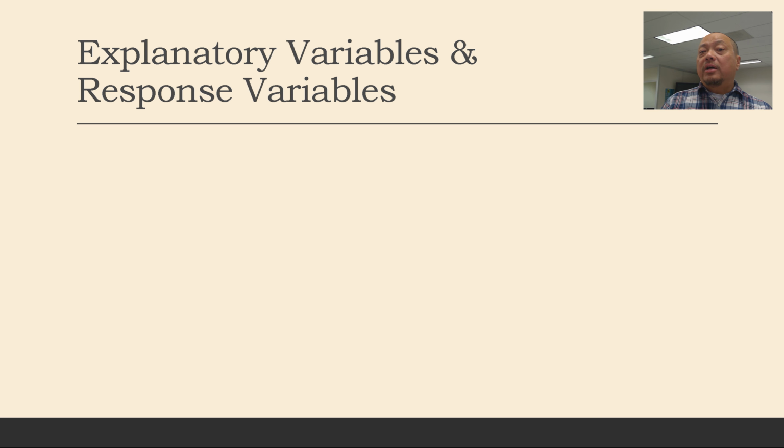Let's now talk about the concepts of explanatory variables and response variables. When a study has several variables, sometimes some of the variables feel like they are the input, like an x variable in algebra, and the other variables feel like some output, like a y function or y variable in algebra.